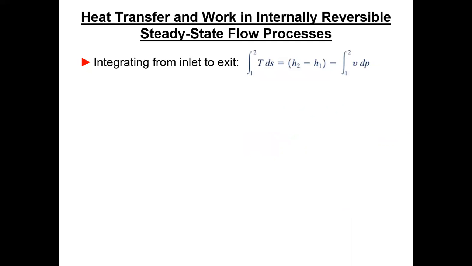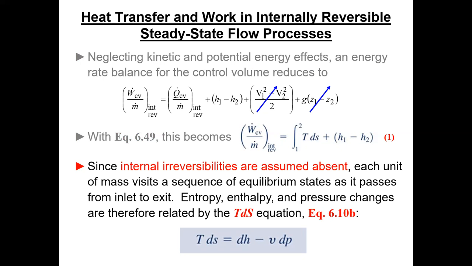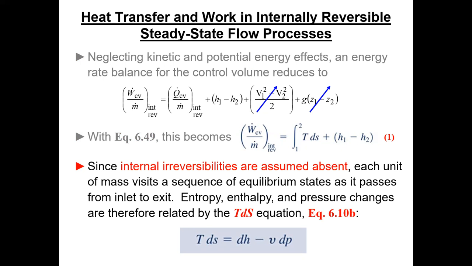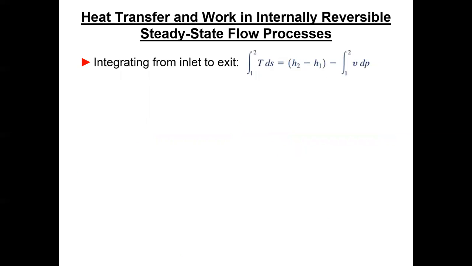So we get the integral from 1 to 2 of T ds, and the dh integrates into h2 minus h1, and the minus v dP is minus the integral from 1 to 2 of v dP, okay?